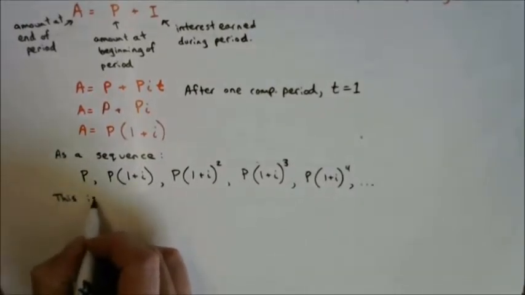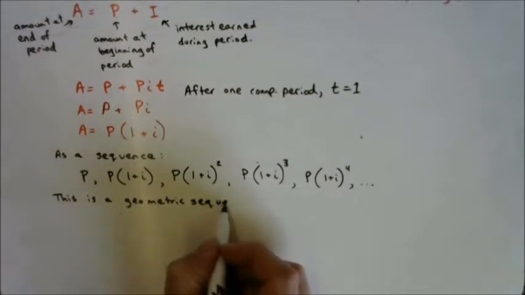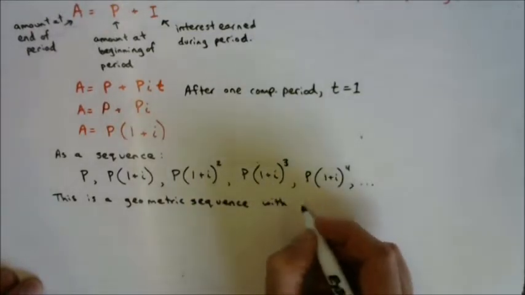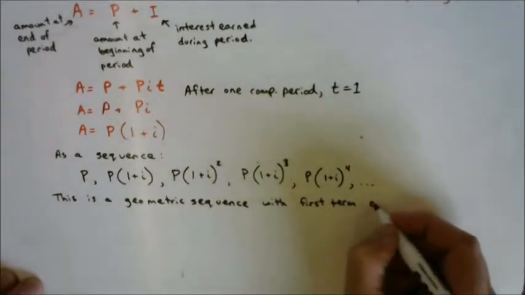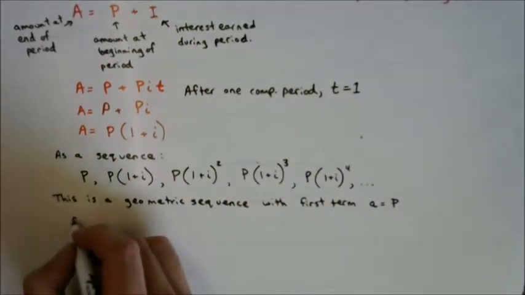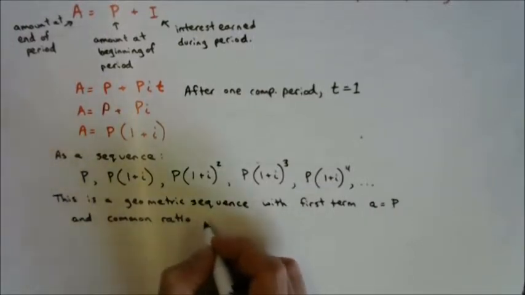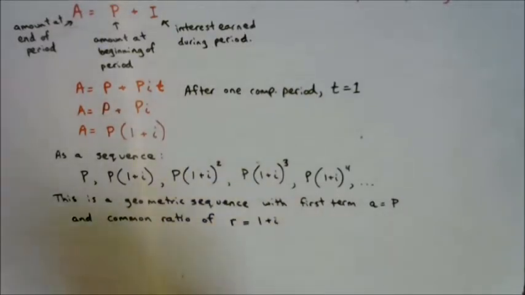This is a geometric sequence with first term a equals P, and common ratio, what's our common ratio? r equals 1 plus i.